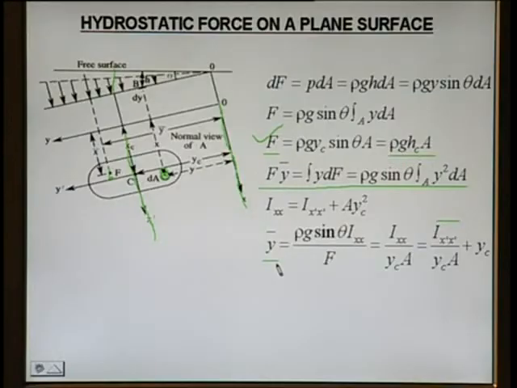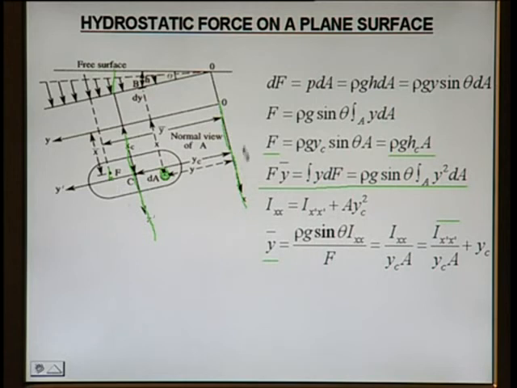All these things are positive, so y bar will be positive. And what is y bar? Y bar is the distance measured in this direction from O to F, and this point is also known as the center of pressure.